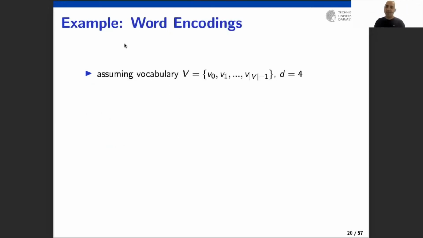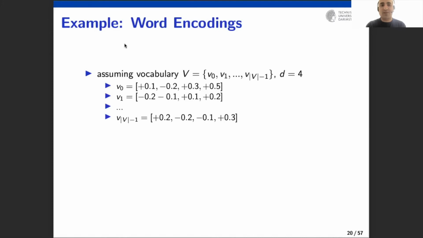So if we have a vocabulary set, instead of representing each word with a one-hot vector, where only one element is 1 and the rest of the elements are 0, we use a vector of dense, real values, but we reduce the dimensionality of the vector.